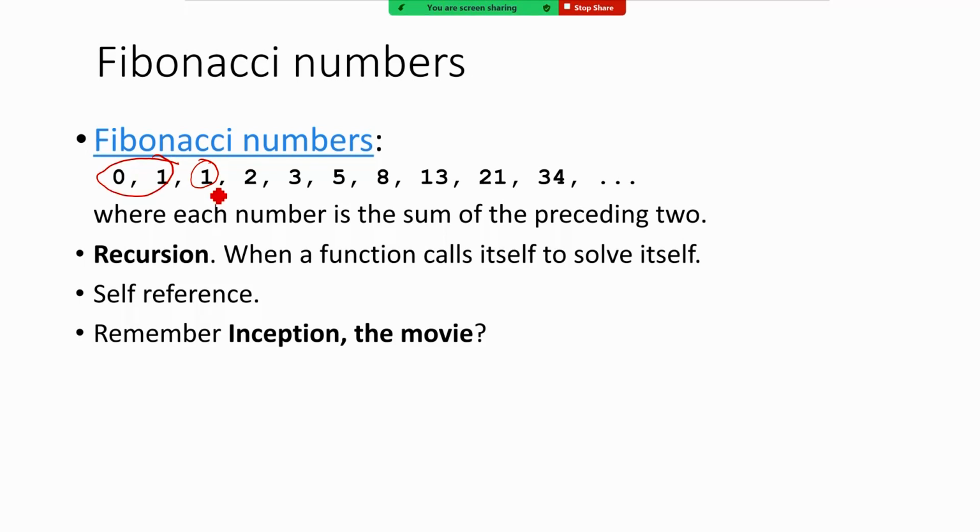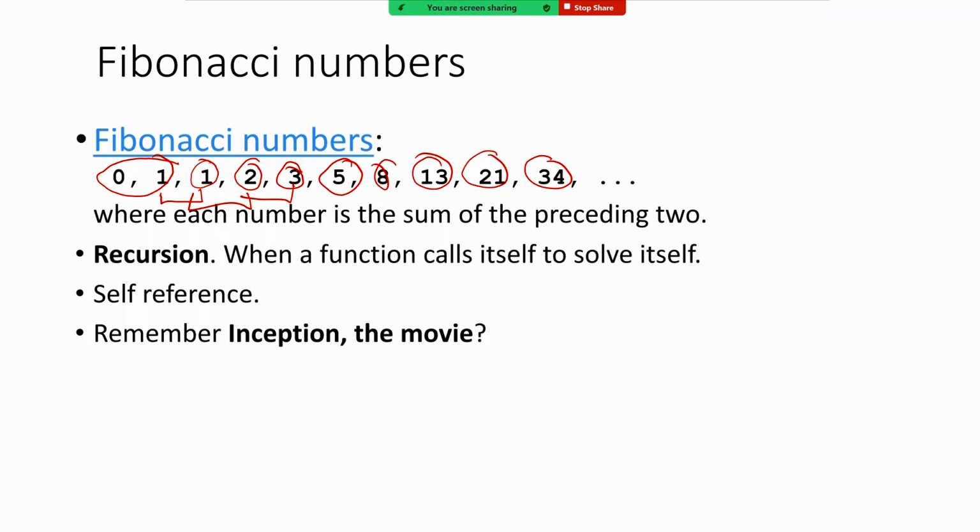So for example here, 1 is the sum of 0 and 1, 2 is the sum of 1 and 1, 3 is the sum of 2 and 1, 5 is the sum of 3 and 2, 8 is the sum of the previous two, 13 is the sum of the previous two, 21 and 34, so on and so forth. And this is sort of a numerical expression of what the series represents.